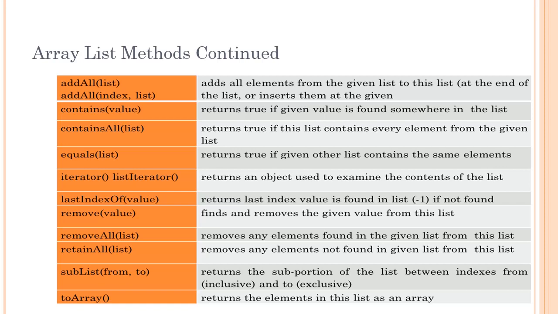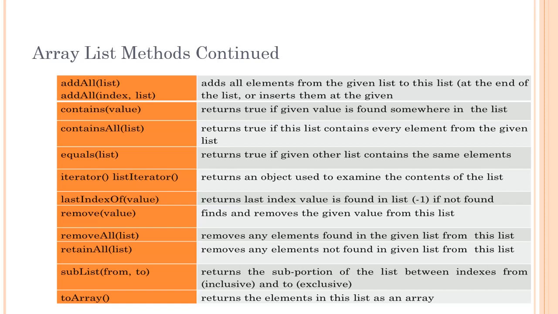The method removeAll takes as an argument a list, and it will remove all the elements found in the given list. The method retainAll will do exactly the opposite of removeAll. So it will remove any element that is not found in the given list.